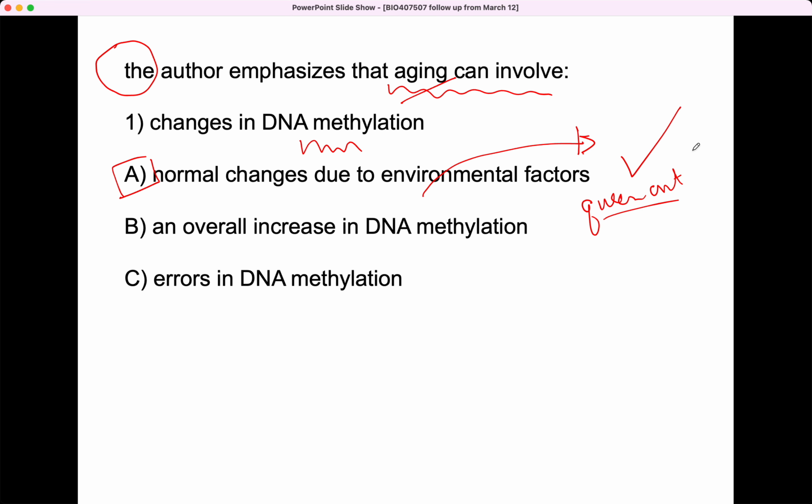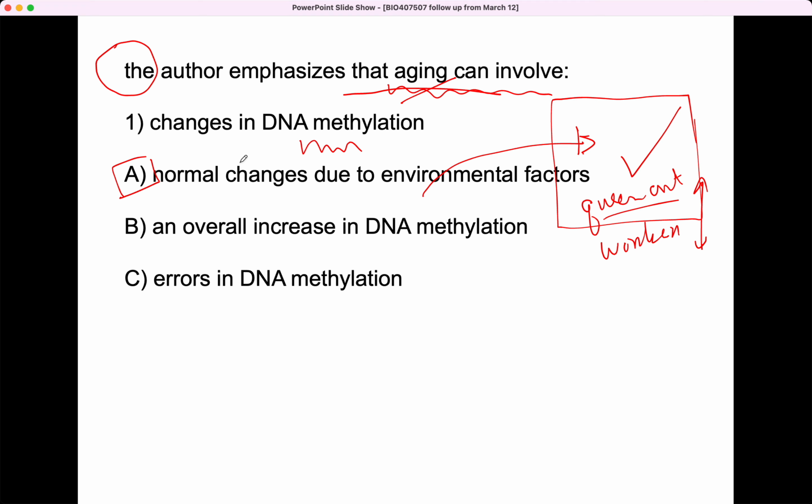What we want to do here is hang on to our examples we already have of how DNA methylation can contribute to phenotypic plasticity. The queen ant and the worker ant have different amounts of DNA methylation, and that occurred during their aging, as they grow up. That's normal changes due to environmental factors. The author has some examples of that throughout the book.